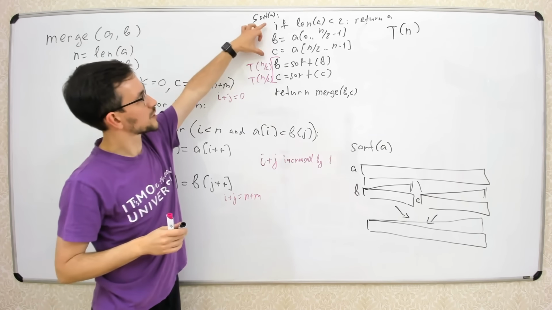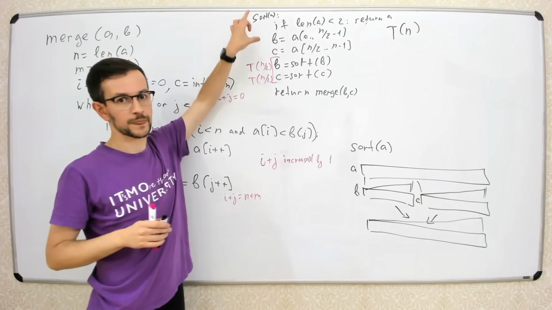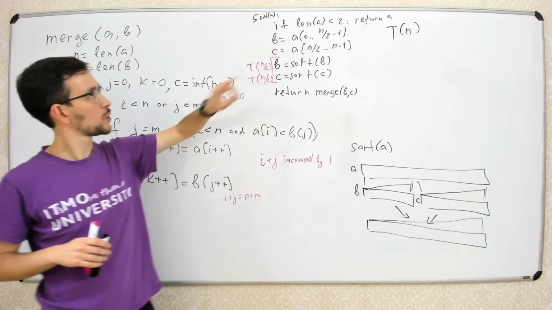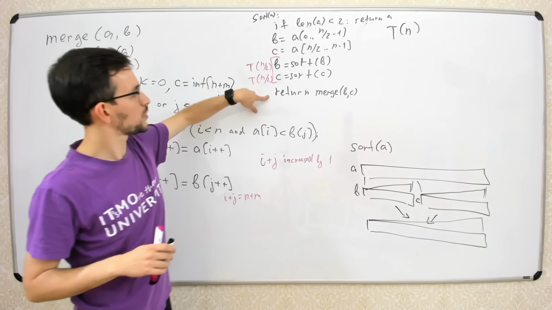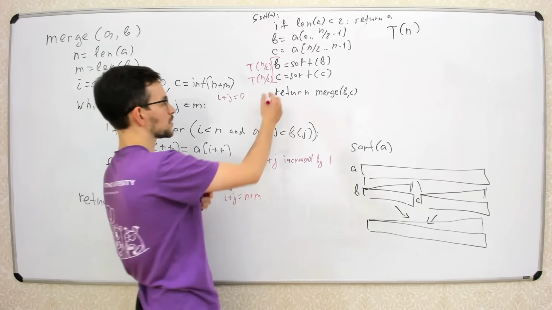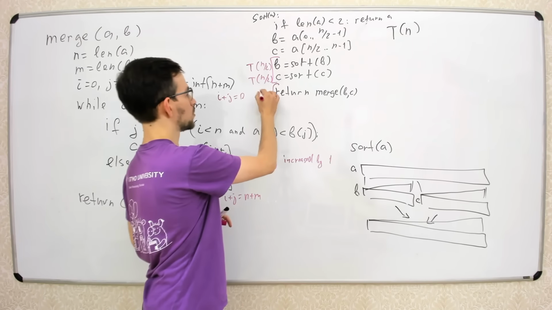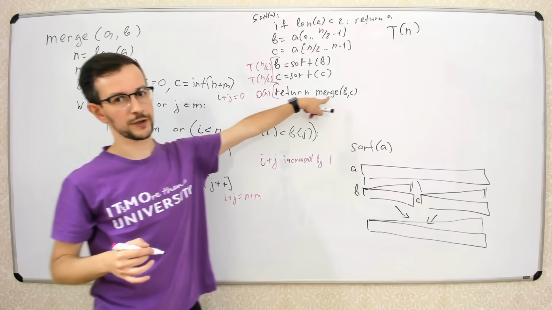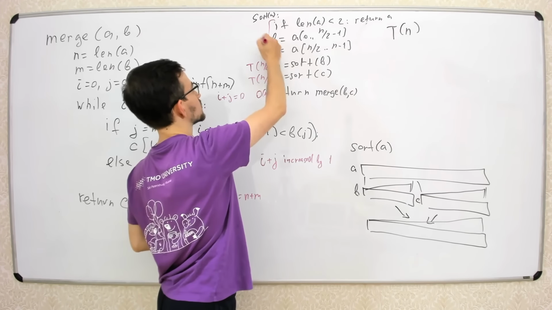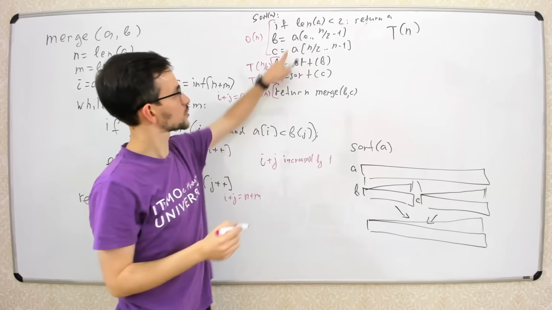And now let's calculate the time complexity of all other lines here. So we need to split the array here, and we need to return the merge here. So the time complexity of all other lines is linear. We need to spend big O of n time here to calculate this merge. And we need to spend big O of n time here just to make this split.